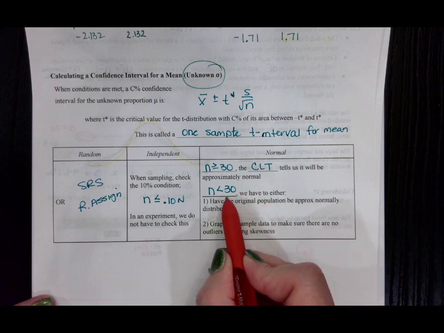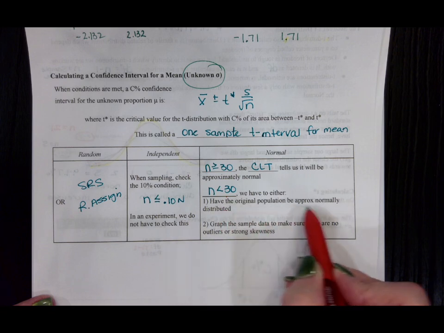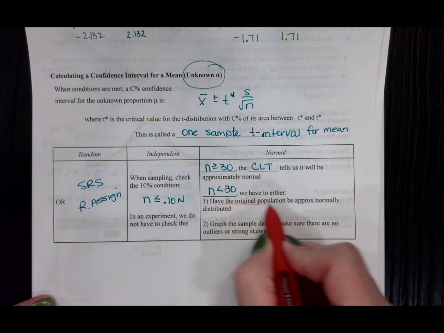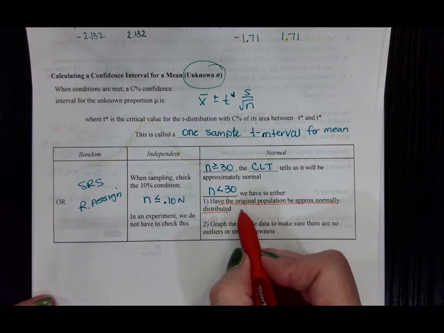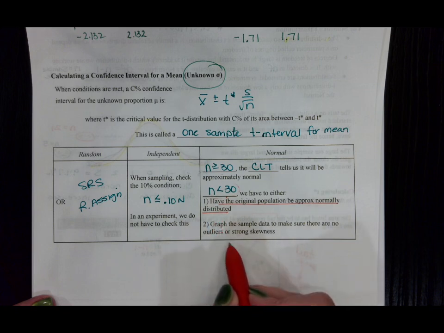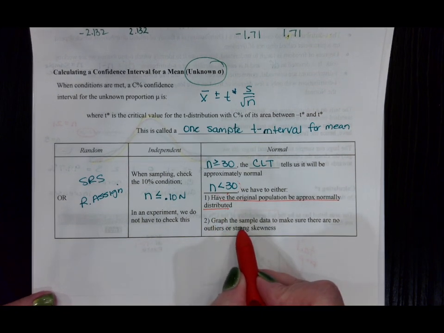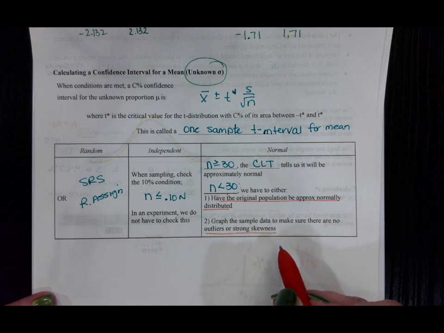If N is less than 30, then we have to have the original population be approximately normal. This is what happened in the last problem. If it is not approximately normal, so if this condition's not met and this condition's not met, then we have to graph the sample data to make sure there are no outliers or strong skewness.